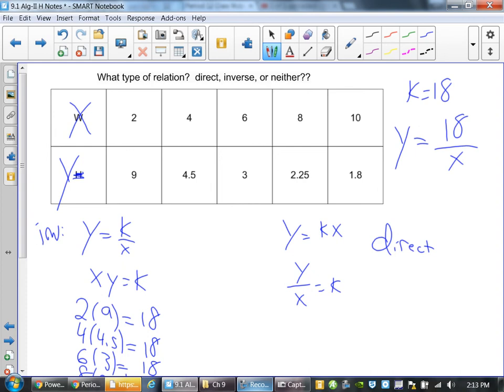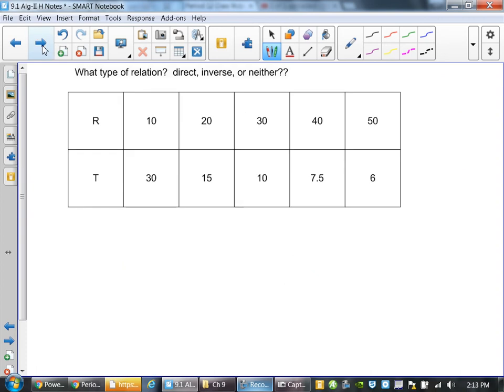Okay, figure this one out. X and Y. I was about to tell you there's a second part to the test.